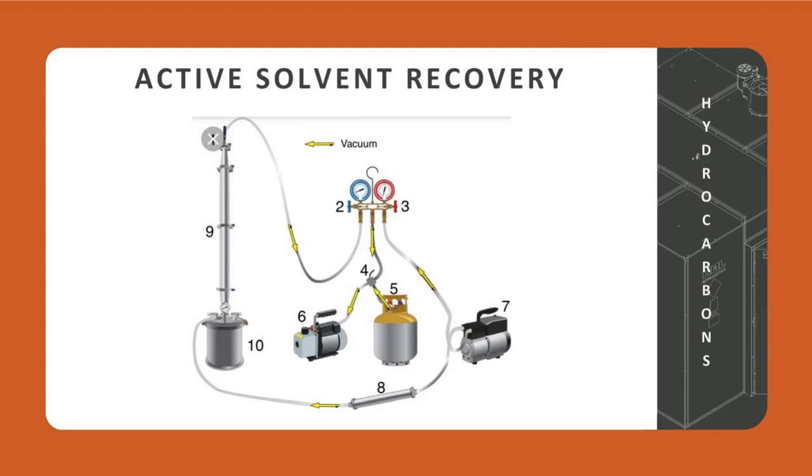Passive recovery takes advantage of thermodynamics and the properties of gases, where your initial solvent tank is typically a hot water bath. The heat applied to that tank will cause the gas inside it to expand, increasing the pressure in that tank. Then that gas will seek the path of least resistance, typically through a solvent line, into your closed loop system.